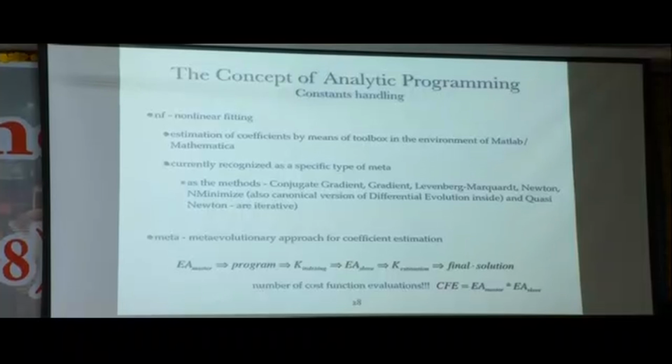So it means that you easily get to 100 million iterations, which is very slow. So this meta evolution process is recommended only in case that you have some supercomputer and you have time to solve it.